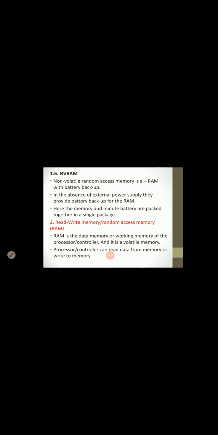Your ROM is a program memory, but your RAM is a data memory, or they call it the working memory of the processor or controller. And you should know that this is a volatile memory, that I have mentioned here in NVRAM. And you can see here the processor or controller can read data from the memory or write to the memory.